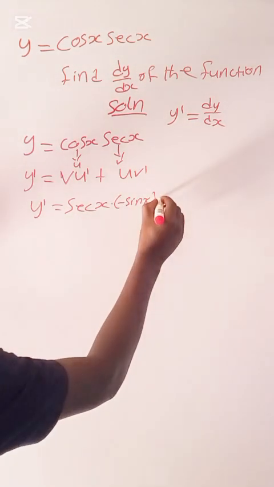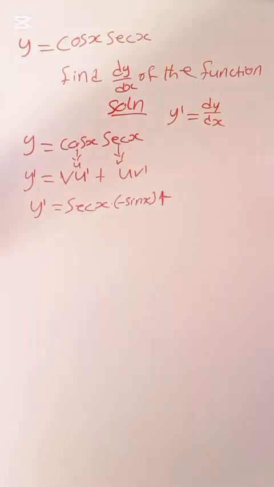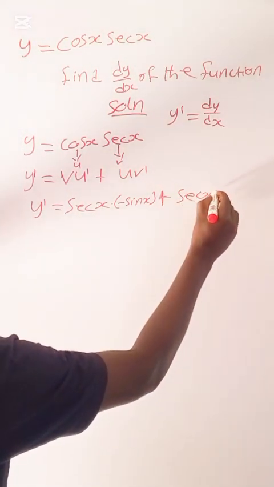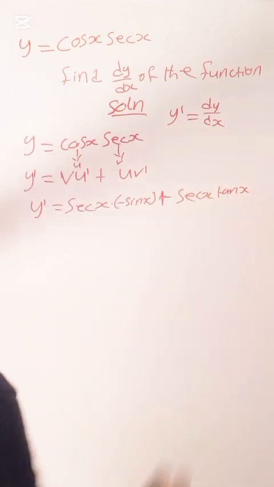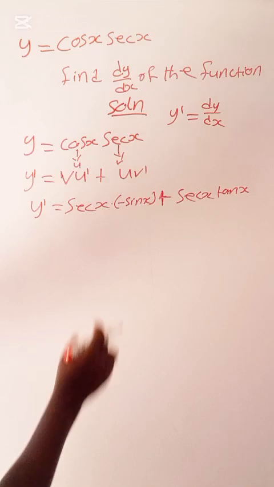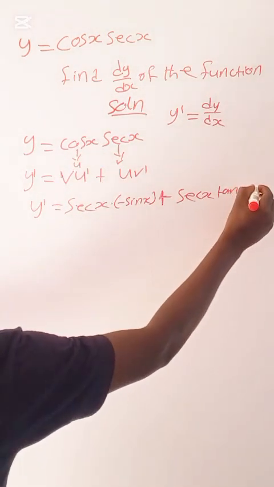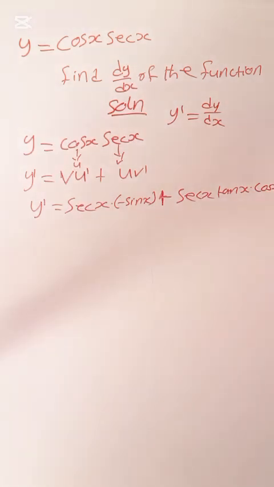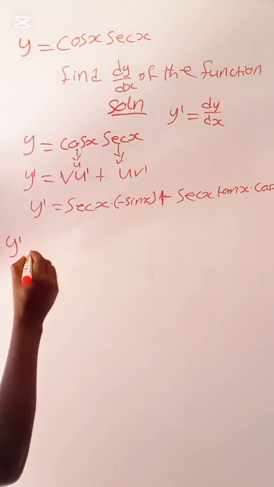If I differentiate sec x, it will give me sec x tan x. Then I will put my u, which is cos x.